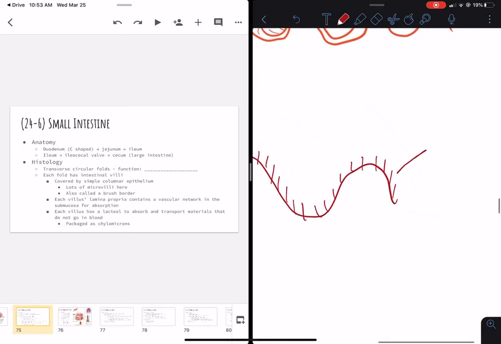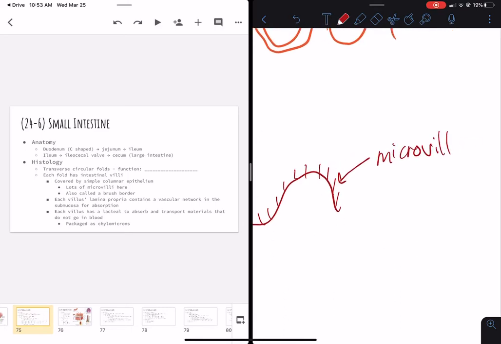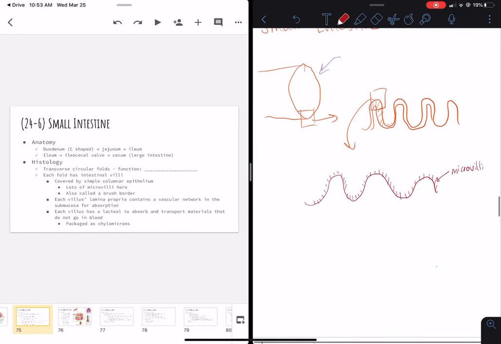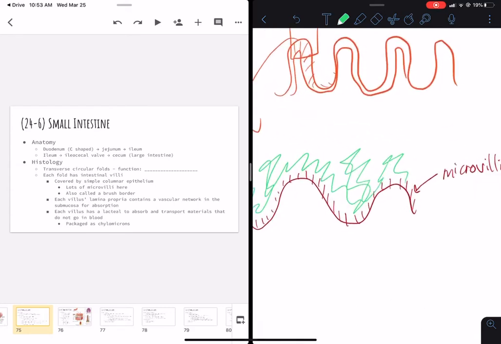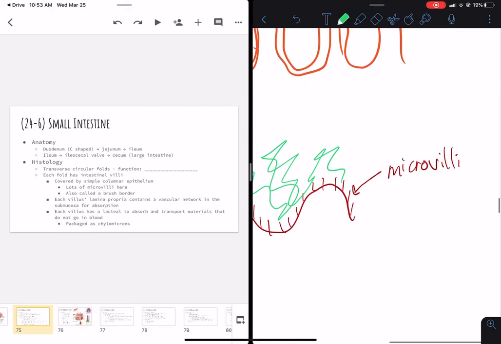So here we go, these are microvilli. And the microvilli will have something called a brush border surrounding it, that I'll make in green here. We'll talk about the brush border's importance in a second, but let's just label it for now.